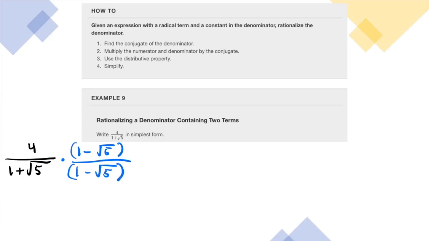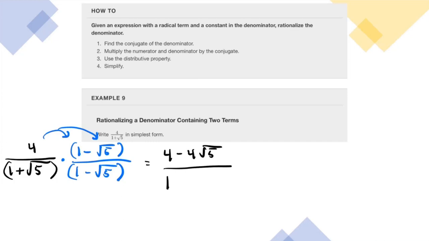Now on top, if we distribute the 4, we get 4 minus 4 root 5. And on bottom, we have to FOIL: first, outer, inner, last. First times first is a 1.